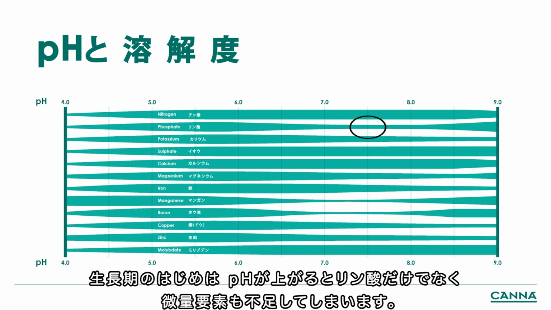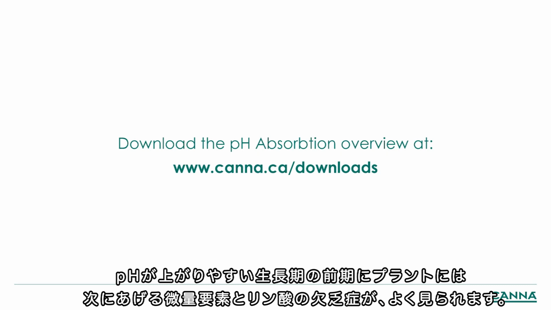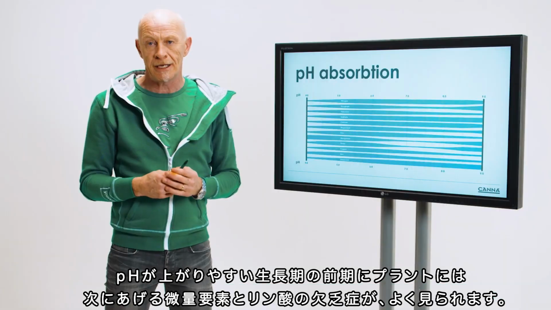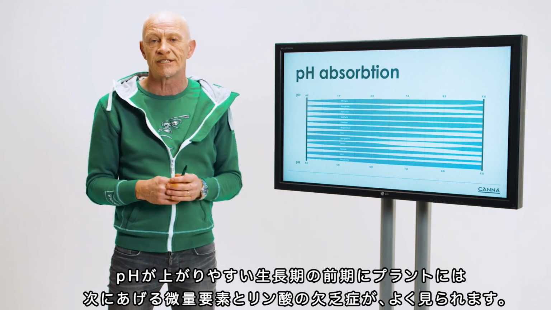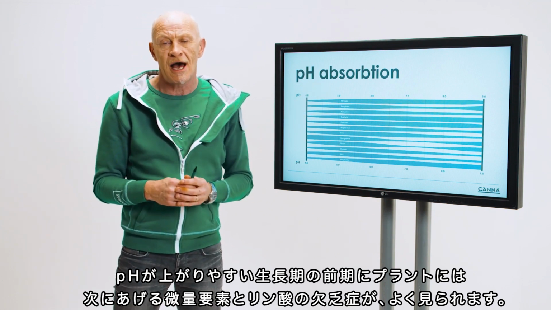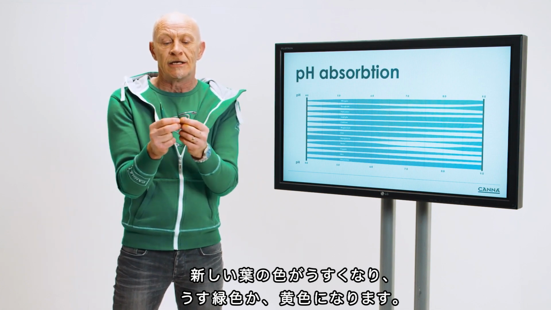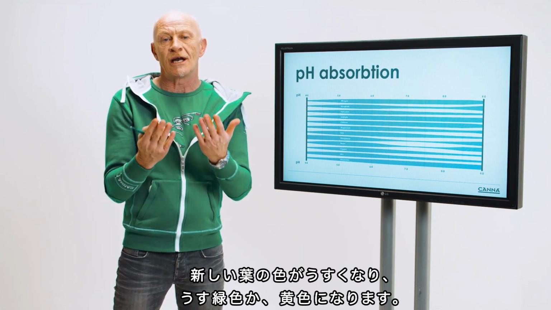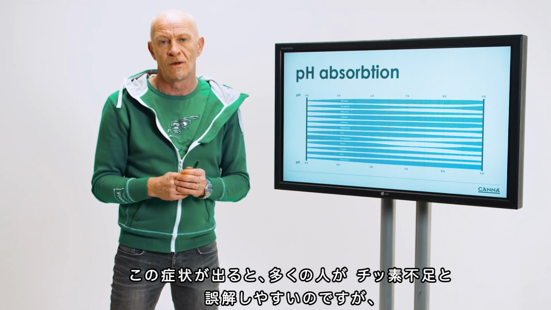And the same will happen in vegetative phase with the trace elements. Often the pH goes up in the beginning period, and because of that it cannot take all the trace elements and the phosphor out of the solution, resulting in new leaves which are a little bit light green, sometimes even yellow.